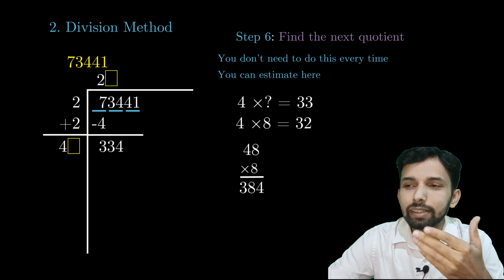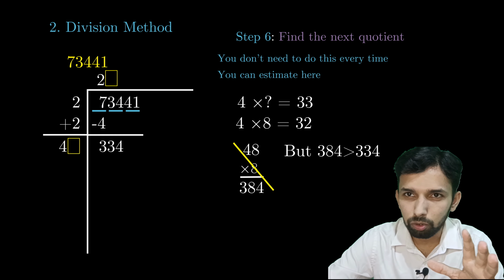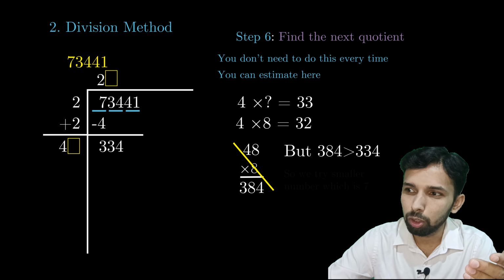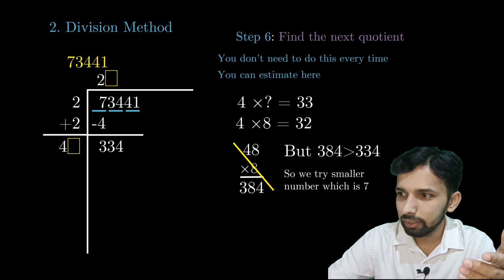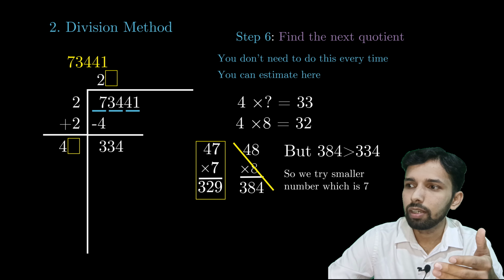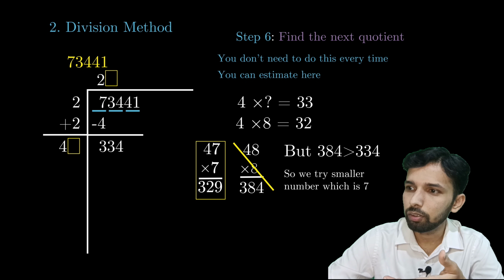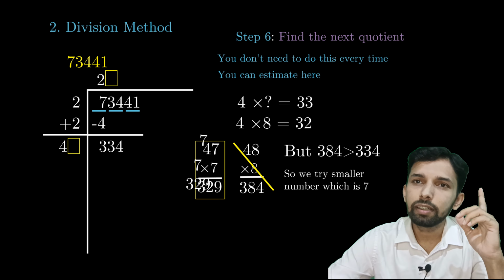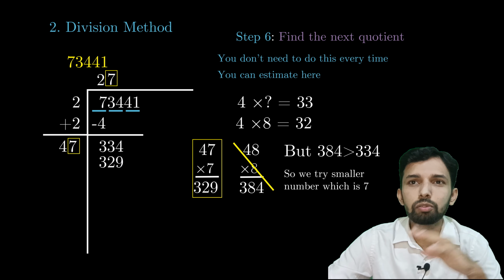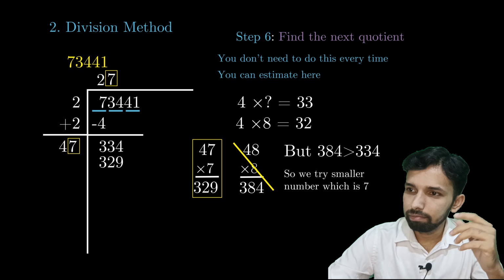Now we know that it is a little bit greater than 334. So that's not required. We may try the smaller number then, that is 47 times 7. So we try the smaller number, 47 times 7. That's what we concluded from the earlier conclusion out of all those 10 possibilities. So fine, that's it.